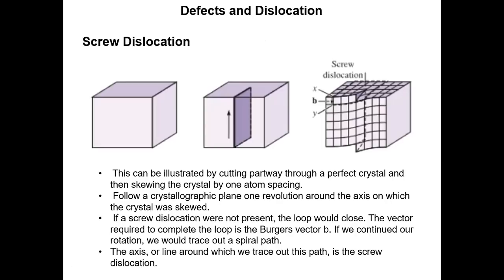Here is a part of a material. There are atoms in here. Let's say you cut through this plane of this piece of material. Now you consider this part. Then you pick this cut section from this point and you dislocate it downwards.